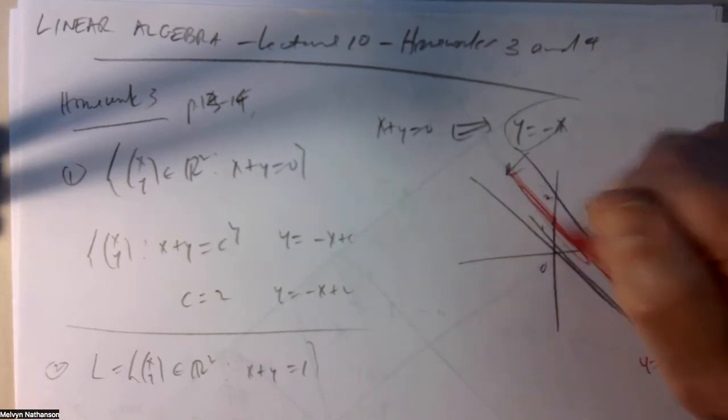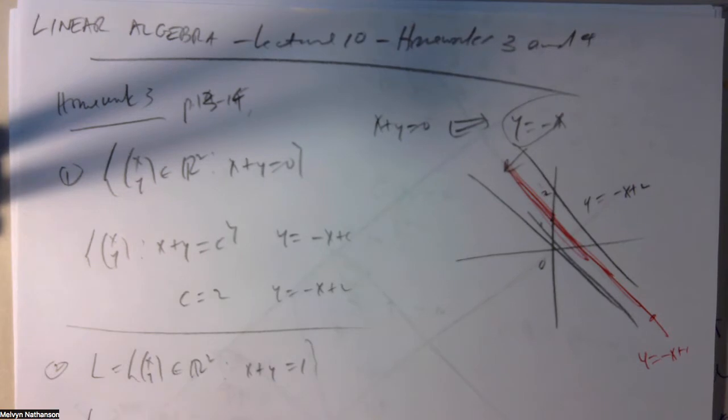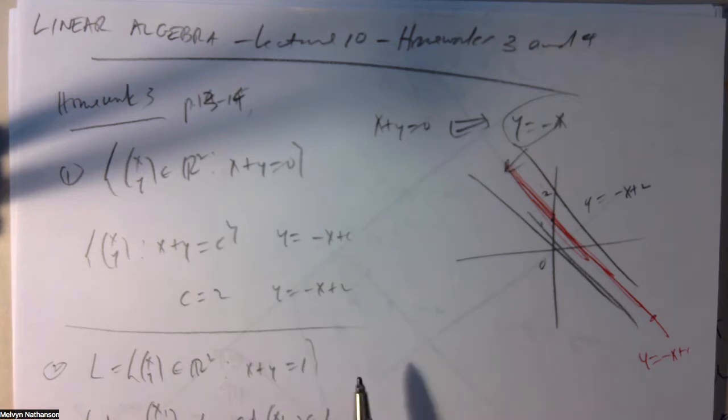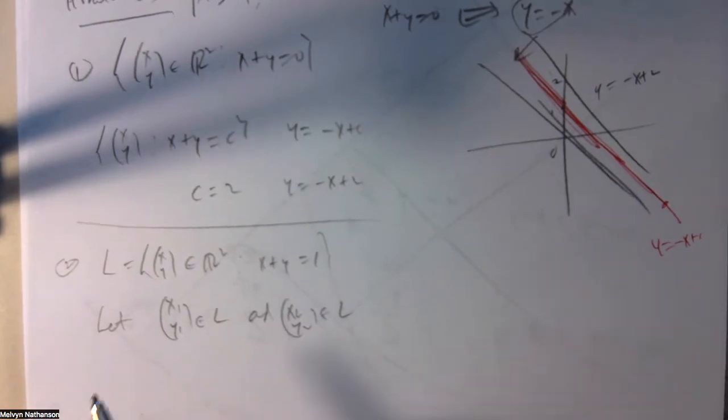We're just looking at the red line. And if you have 2 points that satisfy that, so suppose x1, y1 is in L, and x2, y2 is in L, and you take a scalar t, and, sorry, let me do it differently.